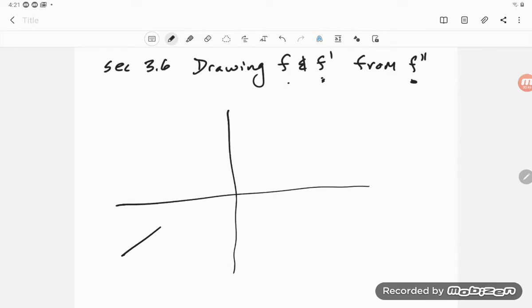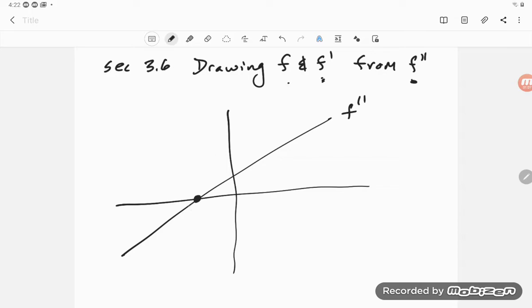Well, let's just start with, suppose f double prime looks like that, just a straight line. Then f double prime is the derivative of f prime, so f prime had a critical number here. This is a second order critical number.